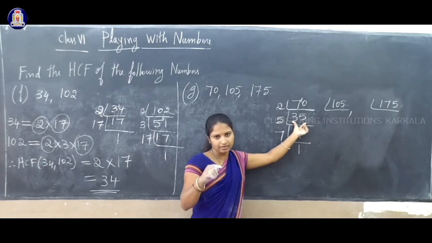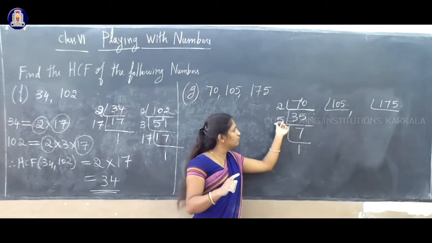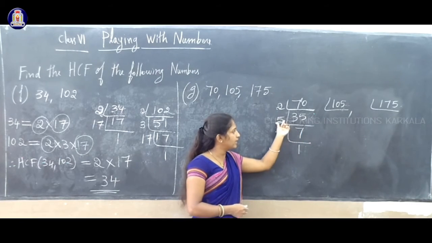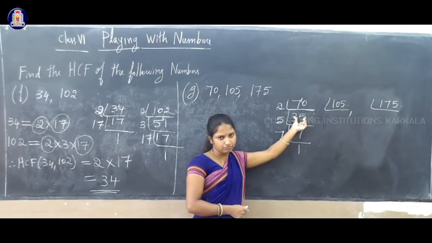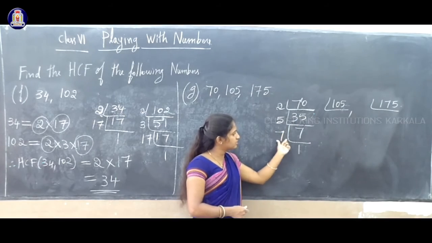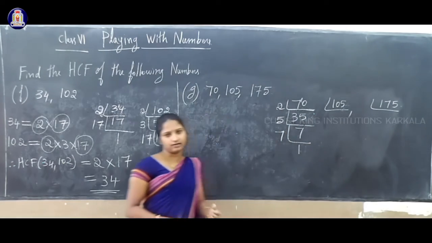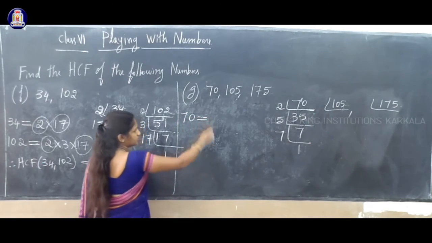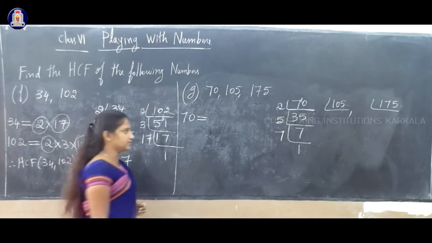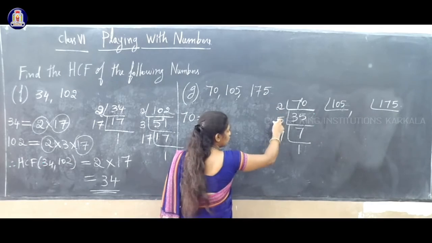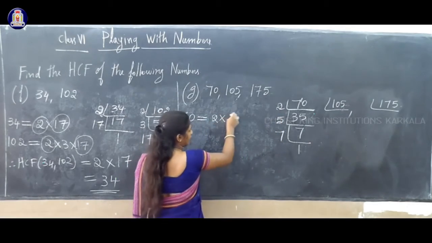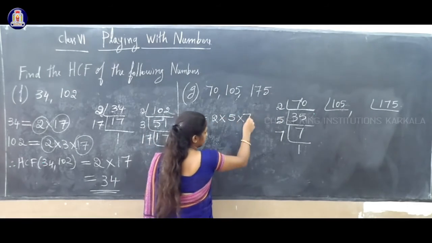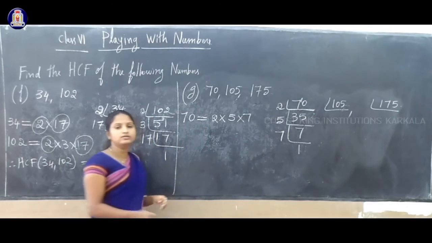But least number is 5. So 5 divides 35, 5 sevens are 35. So 7 divides 7, 7 ones are 7. Now 70 can be written as 2 into 5 into 7.